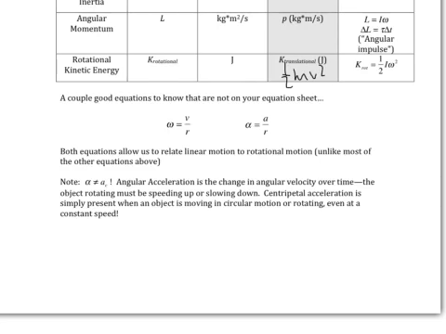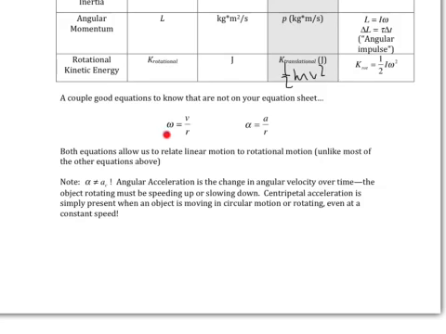So to wrap up these video notes, I want to show you guys a couple additional equations that are good to know. Now, these are not on your equation sheet, but I like these because they sort of relate rotational motion with linear motion. So, for example, as I was mentioning earlier, if you have something spinning, right, depending on how far that object is from the center, something that's further out is going to have a greater tangential velocity than something that's close by.